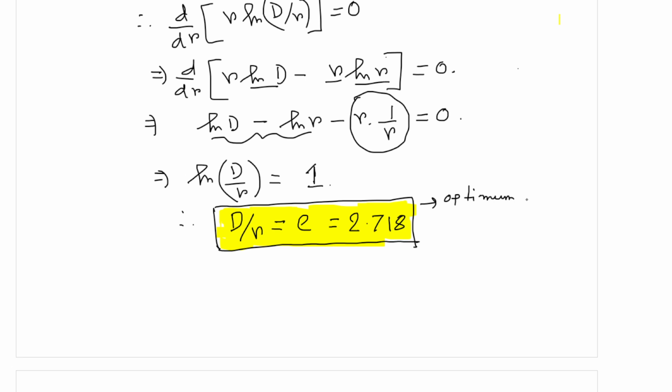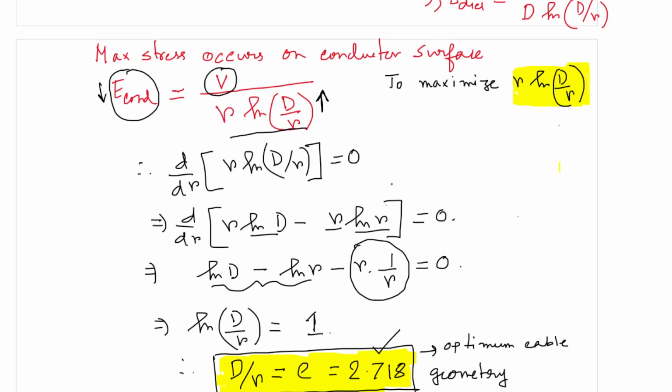So if we maintain this ratio, then our stress on the conductor will always be minimum.